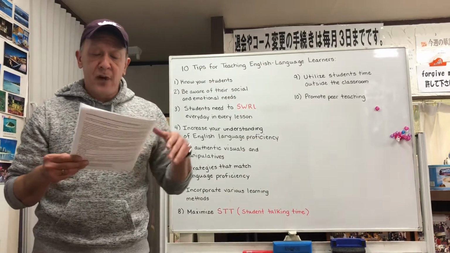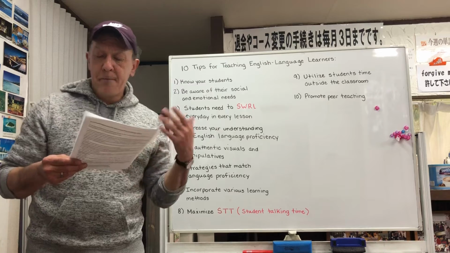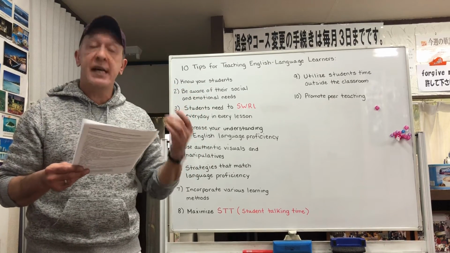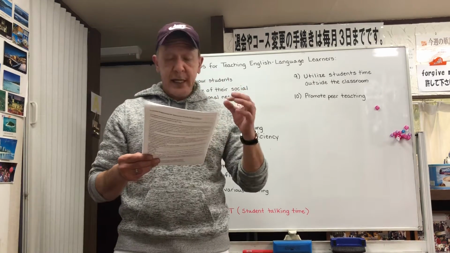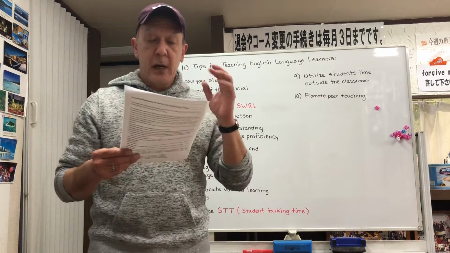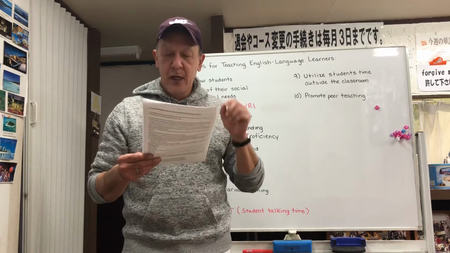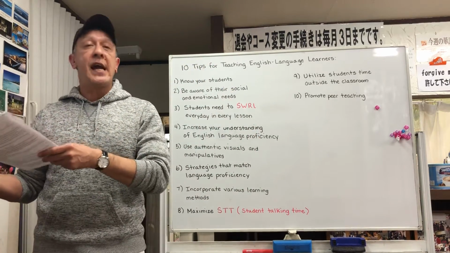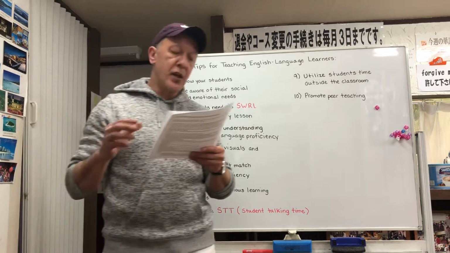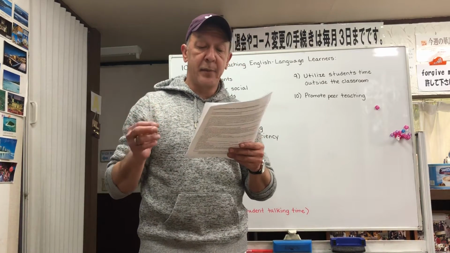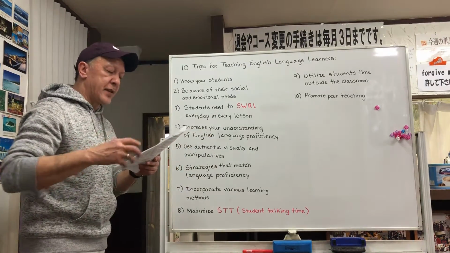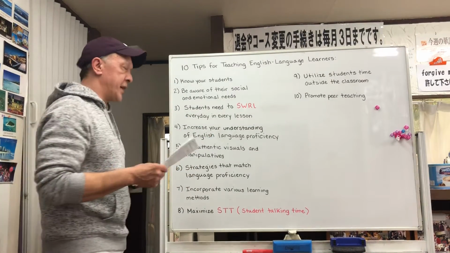A student's level of academic English may be masked by a higher level of BICS, which is Basic Interpersonal Communication Skills, compared to their CALP, which is their Cognitive Academic Language Proficiency. So let's understand the English language proficiency.